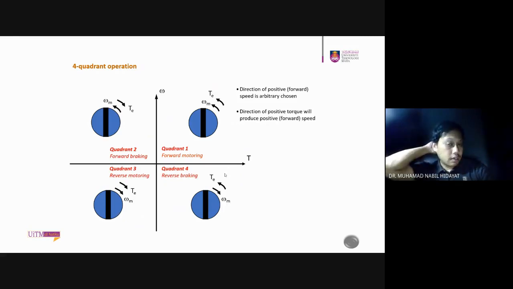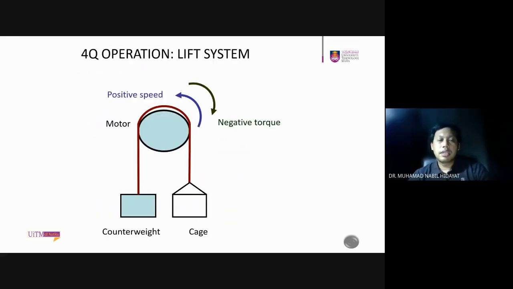So what is important is that different textbooks have different ways of explaining this, and you have to look into the direction of the speed and the torque. In a lift system operation, for example, you have your passenger cage, and at the other end of the fulcrum, you have your counterweight and your motor.